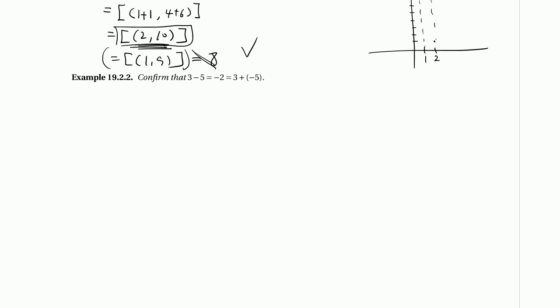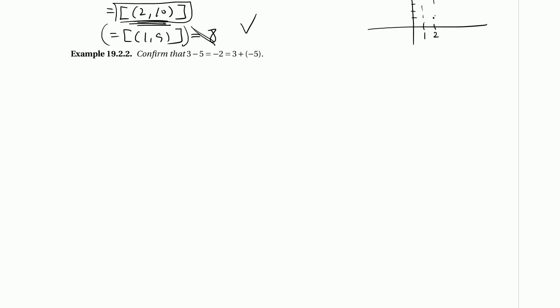Next, let's confirm the subtraction, right? That's one of the main reasons we want to develop this new style. So once again, 3 can be written as 1 comma 4, right? And 5 is written as 1 comma 6.